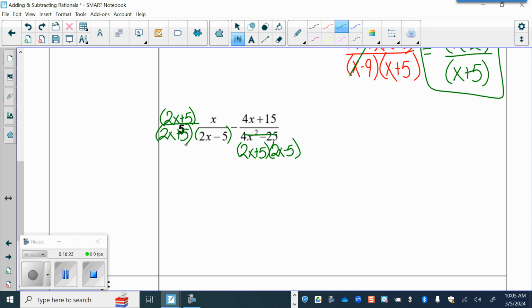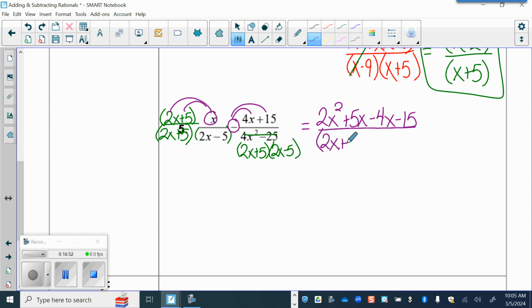It gets messy when that problem number is there. When I go to do this, the x has to be distributed to both of these, so that is going to be 2x squared plus 5x. And then this negative has to be distributed to both of these, so negative 4x minus 15. Good grief.